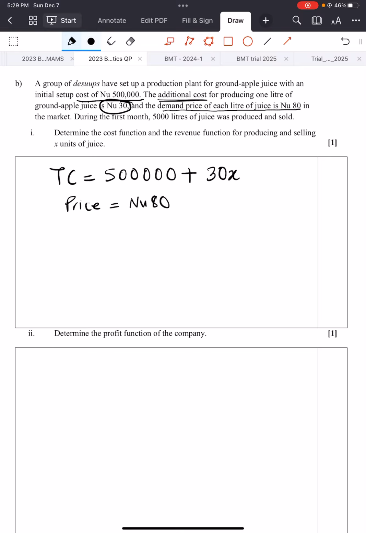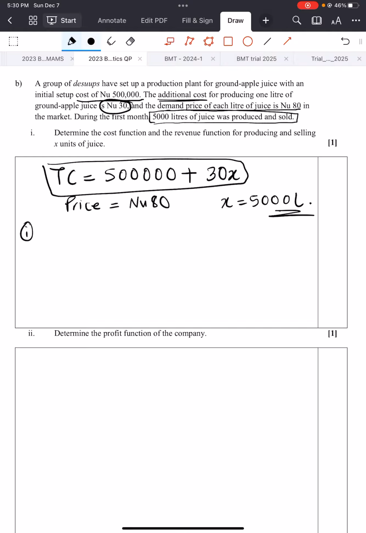During the first month 5,000 liters of juice was produced and sold. So x, the quantity, is 5,000. I'm just writing down the information. Now question number 1 is to determine the cost function and the revenue function. We already determined the cost function.